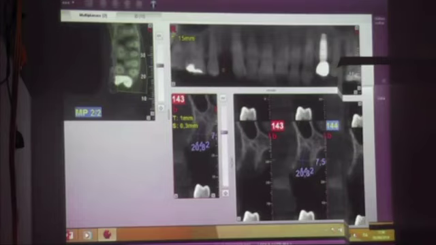To have the same radiation, I need to do 100 X-rays. For this it is possible for me to repeat 2-3 X-rays without any risk for the patient. And this is a very, very important instrument to work very well. Radiation is fantastic.